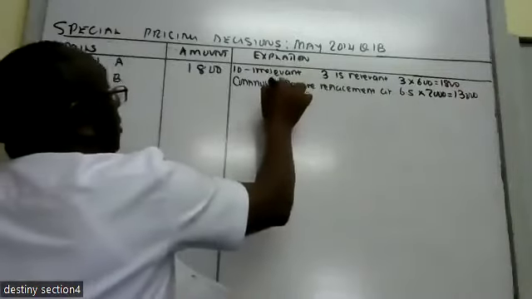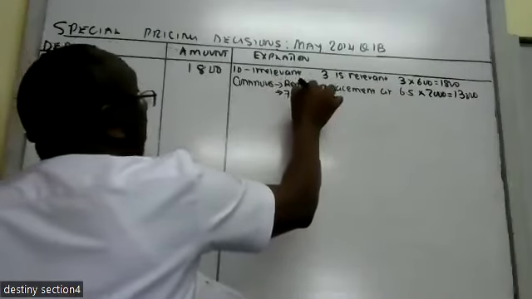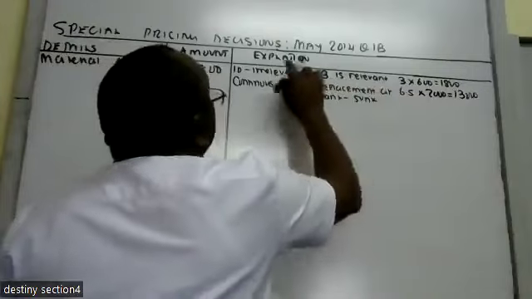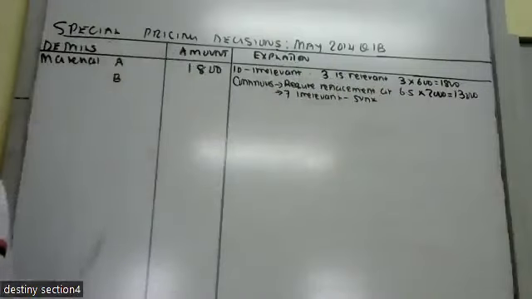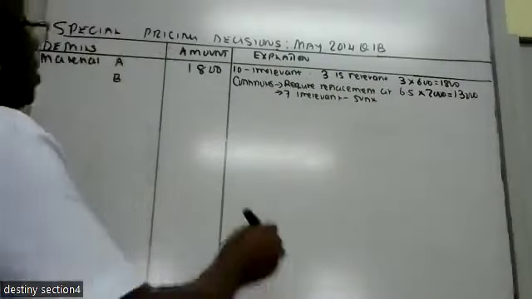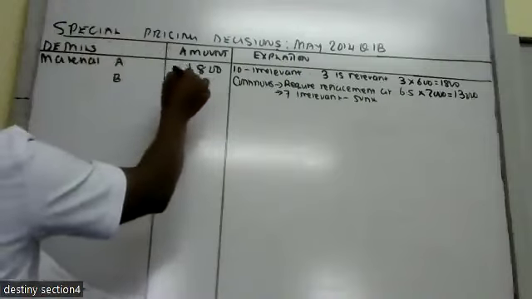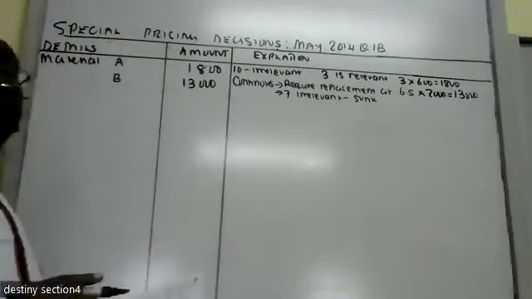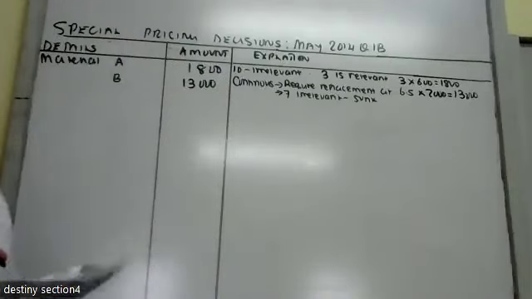Now the 7 bob is irrelevant. Why is it irrelevant? It's a sunk cost. Ni kama hii ilinunuliwa kitambo. Ilinunuliwa kitambo. So for material B, we are going to charge 13,000.